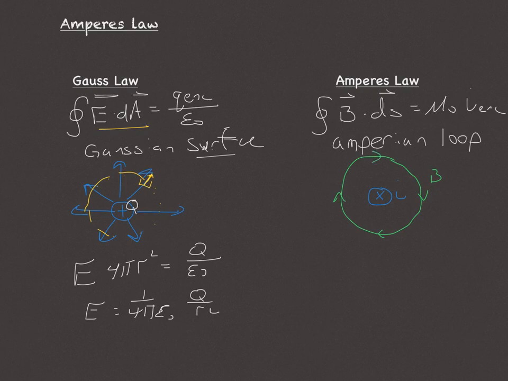We will draw our Amperian loop at this distance where we want to know the strength of the field. So our Amperian loop will follow the loop of the magnetic field. Since the magnetic field is always tangent, we're going to make the direction of our Amperian loop the same as the field, making this dot product 1.